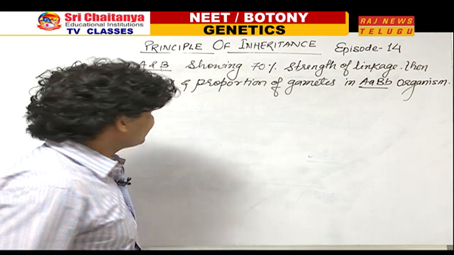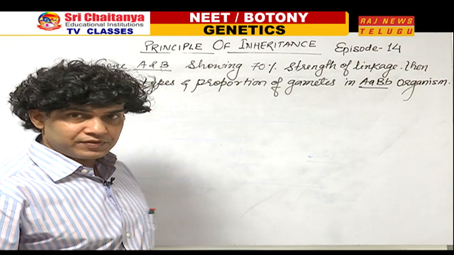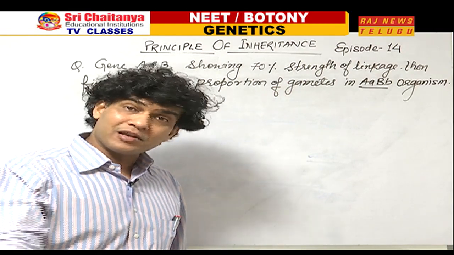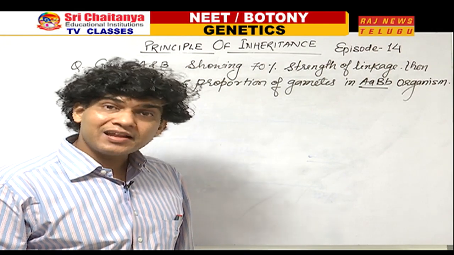Now for this question, 70% is the strength of linkage. It means 70% is the parental combination. It means recombinants are 30%.